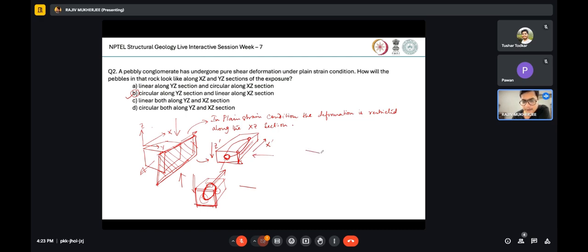So if I cut across the section like this after the deformation, I will see stretched linear features along the xz plane, and I will see dots or circular sections along the yz plane.